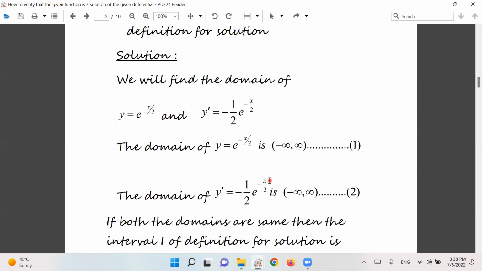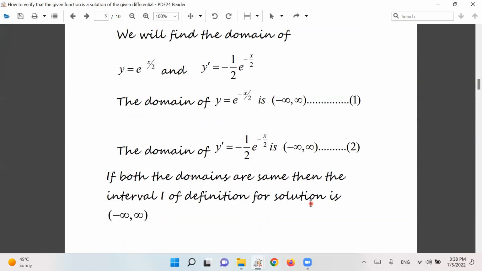So any value from minus infinity to infinity gives a real valued function. We are not going to get any undetermined or undefined value, or any complex number here.